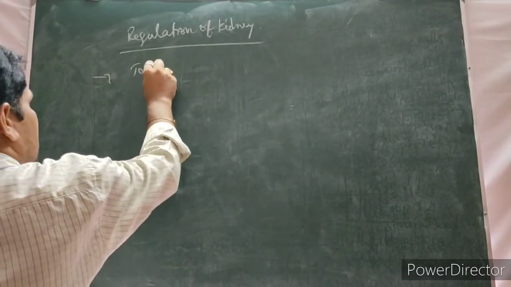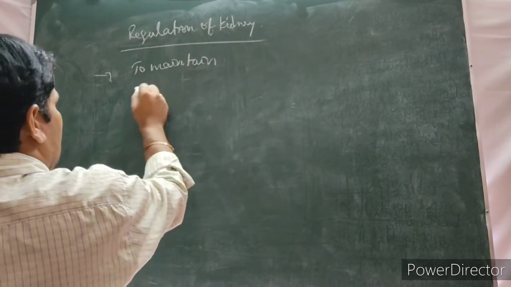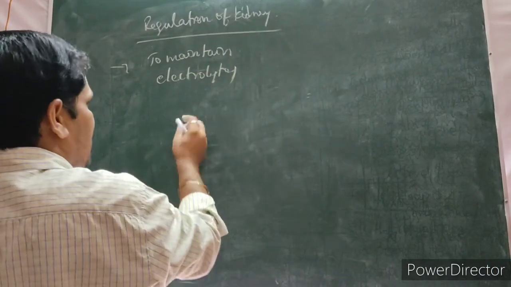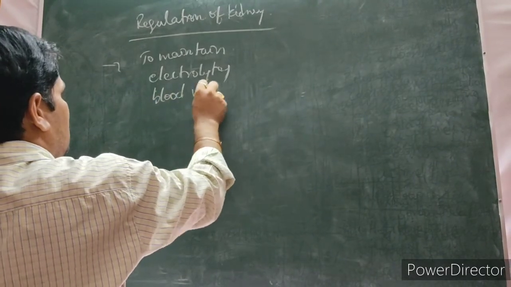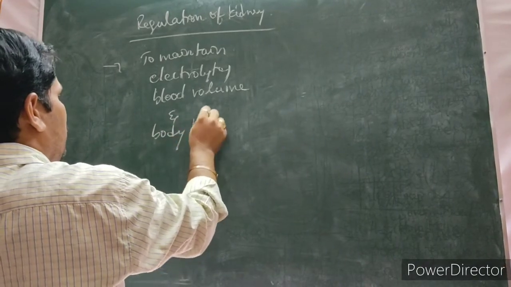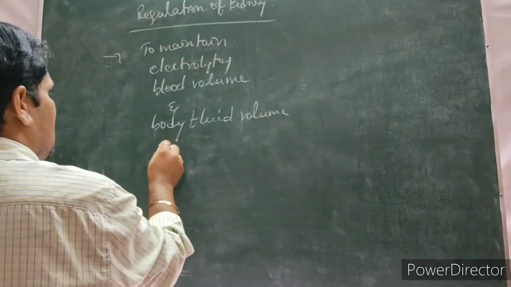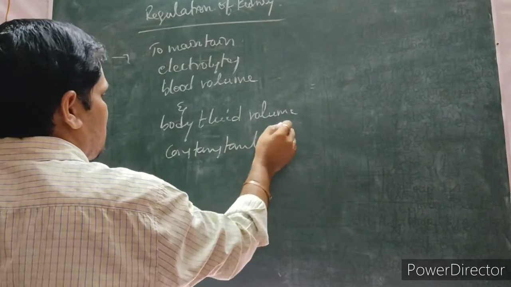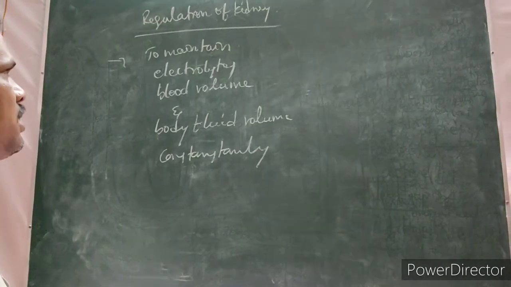To maintain electrolyte balance, blood volume and body fluid volume constantly is called the regulation of the kidney.